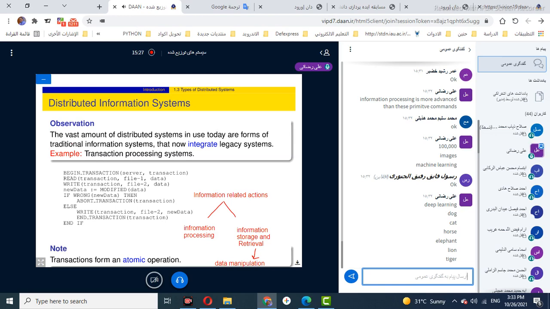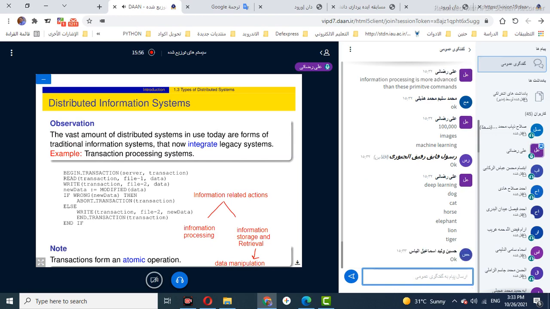You train some model and classify these images, so when we feed an image to the computer system, it can say, okay, this is an image of a tiger, or this is an image of a dog or a cat. This is information processing. It has higher levels of manipulation, reading, and inference than these primitive select, update, delete, and insert commands. So this is higher level.